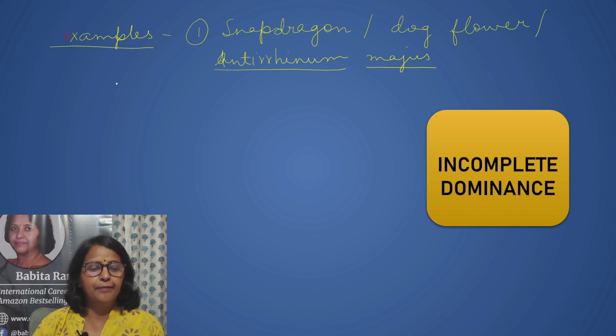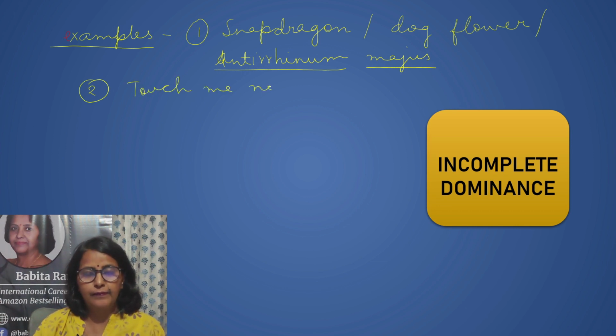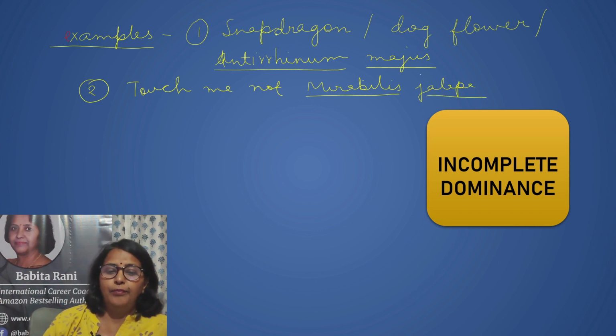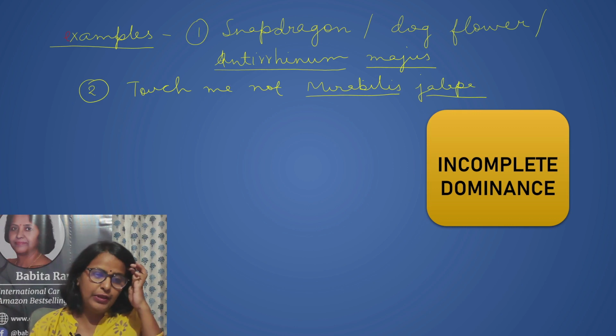This is one example. Another example is touch me not, Mirabilis jalapa. So these are two plants which show incomplete dominance.